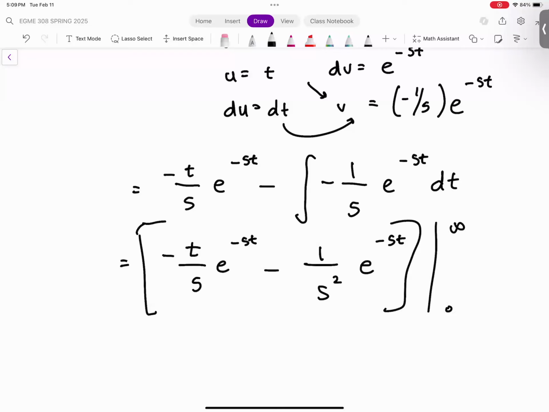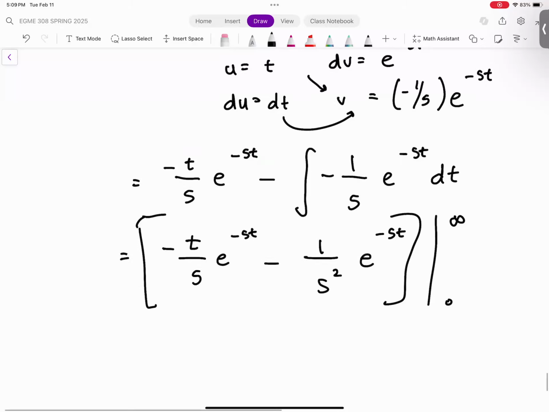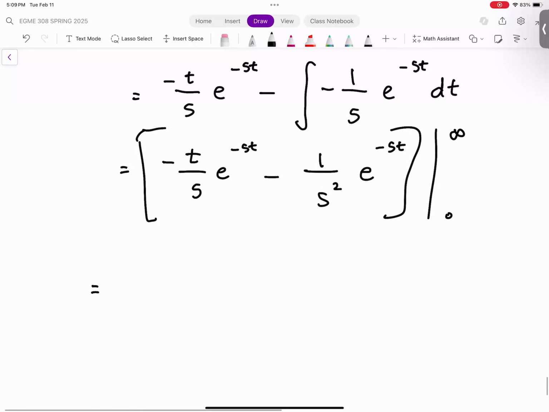And we're going to evaluate all this from t equal to 0 to t equal to infinity. So let's evaluate these bounds. Let's evaluate the bound at t equal to infinity first.